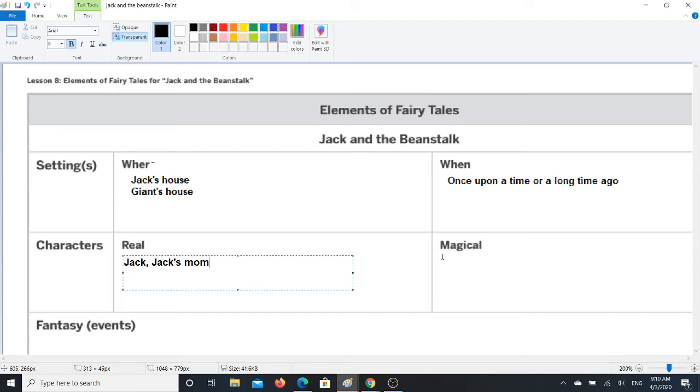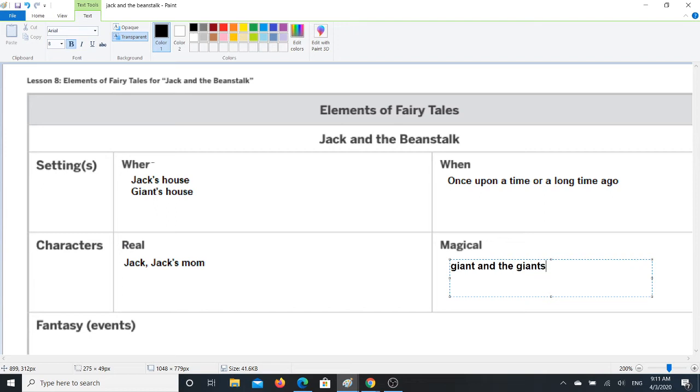The magical characters, let's see. The magical characters in this case are actually the giant and the giant's wife.